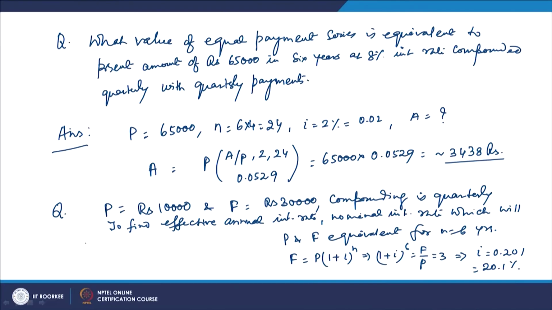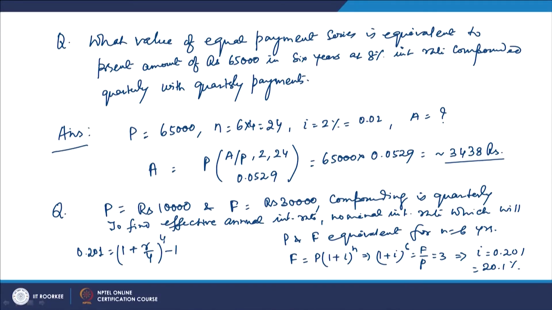So, you will get the expression for R as 0.201, that is your effective interest, equal to (1 plus r by 4) raised to the power 4 minus 1. This is basically the effective annual interest. Now, as we are talking about quarterly compounding, m is 1 upon 1 by 4, that is 4. Since we are talking about the effective annual interest, L is 1.